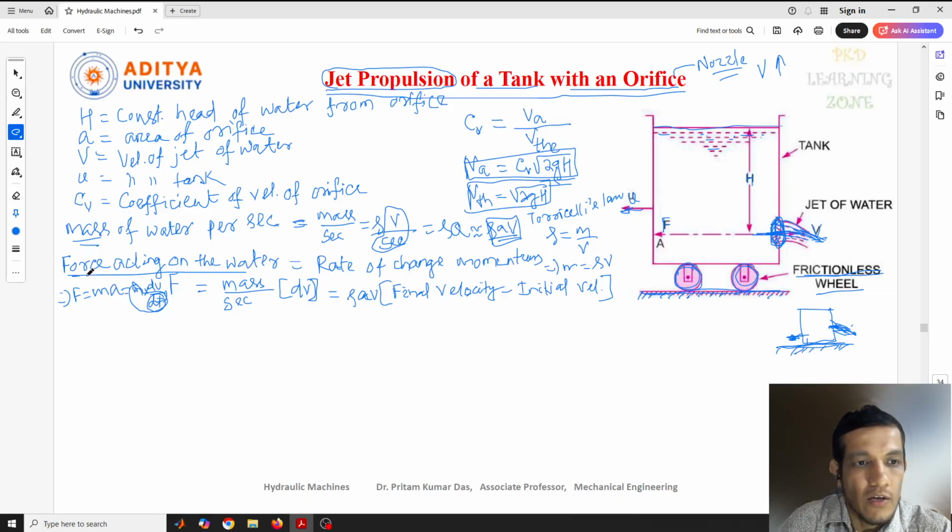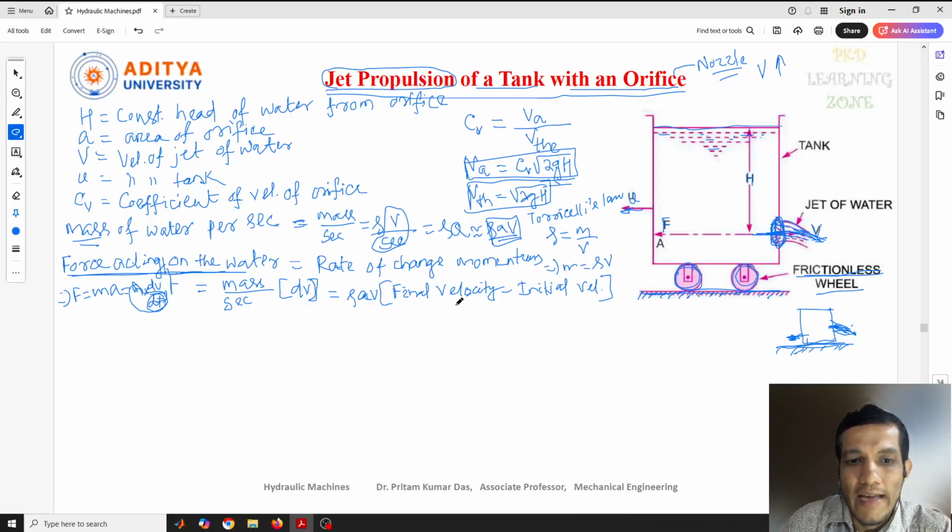Initially we calculated the force exerted by the water, and exerted by the water and on the water are two different things. Force acting on the water means final velocity minus initial velocity. Force exerted by the water means initial velocity minus final velocity. That is the difference, so that's why we consider it this way.